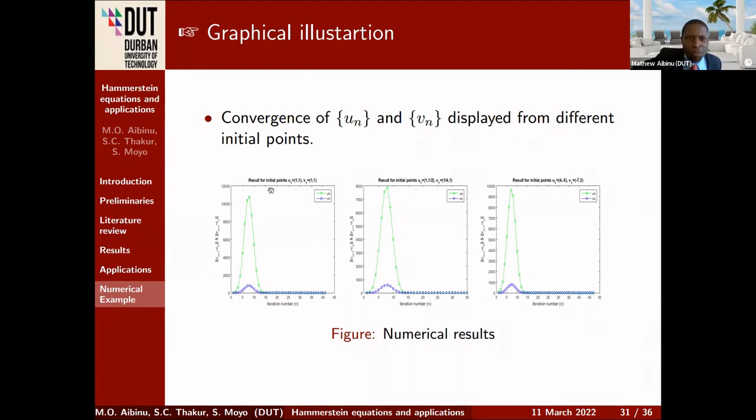From different initial points, for the first one, the initial point is U equal to 1,1 and phi equal to 1,1, we obtain this. This is the graph that we obtain for our sequences U and phi.